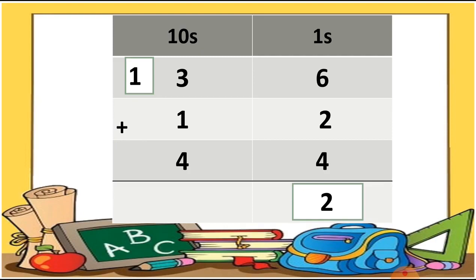Now you can see here, I put number 1 as a carry forward number at the tens column. Now we can add these 4 numbers together, which is 1 plus 3 plus 1 plus 4. We have to add these 4 numbers together, and the answer is 9. So our final answer is 92.